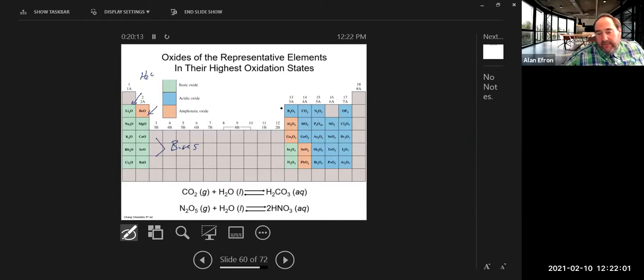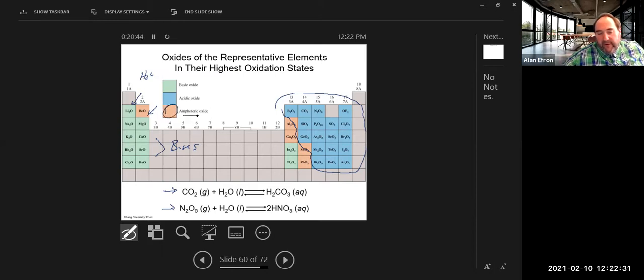On the right-hand side where we have our non-metals, these, for the most part, are what are referred to as acidic oxides. And that's because when they react with water, they form acids. Like two examples on the bottom here, CO2, which is carbon dioxide, with some water makes carbonic acid, and N2O5 with some water makes nitric acid. So those are referred to as acidic oxides. We do have some of our orange ones here.